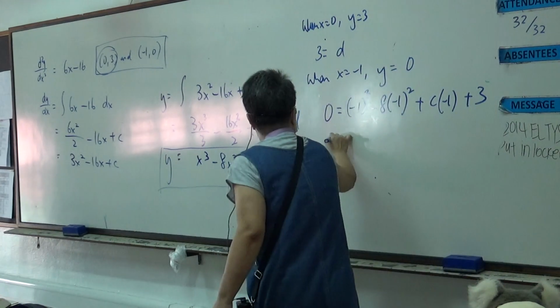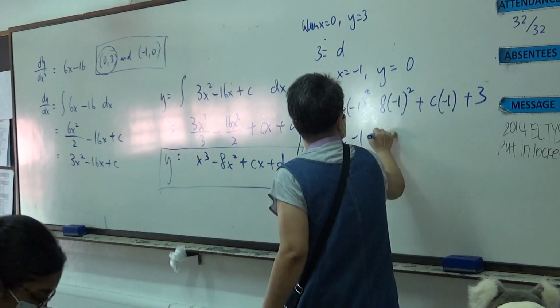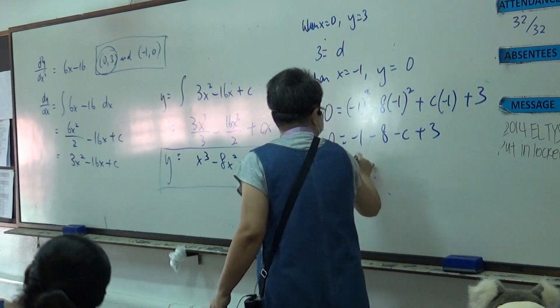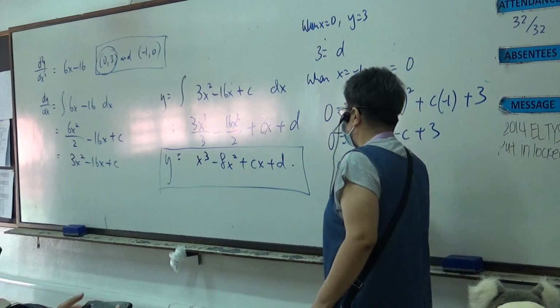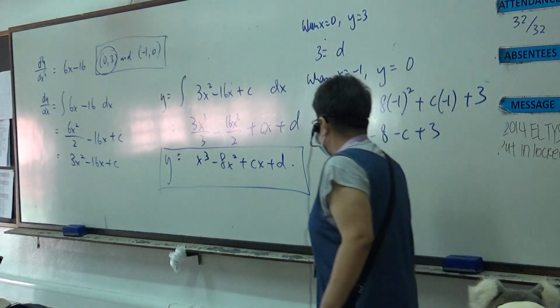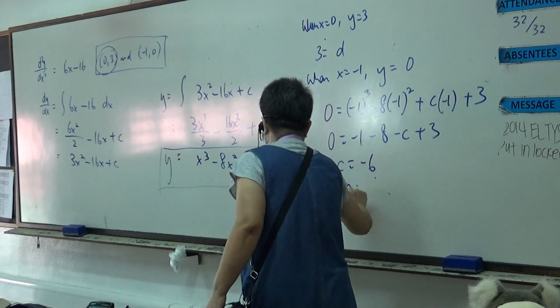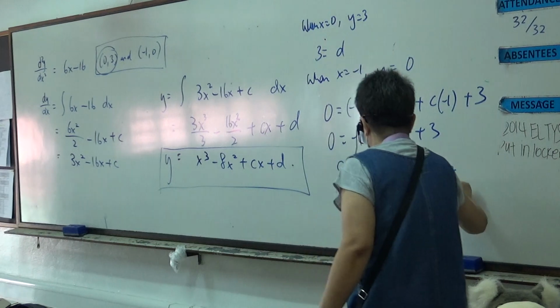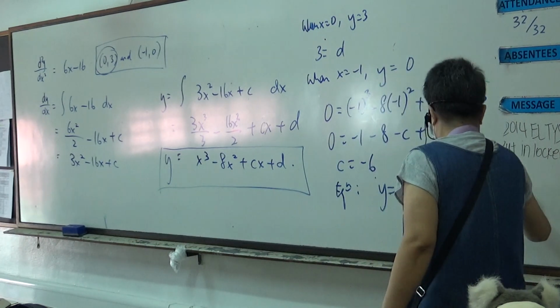Okay, so this will be 0 equals negative 1 minus 8 minus c plus 3. c will be negative 9 plus 3, so it's negative 6. Can you see? So what's the equation? y equals x cubed minus 8x squared minus 6x plus 3.